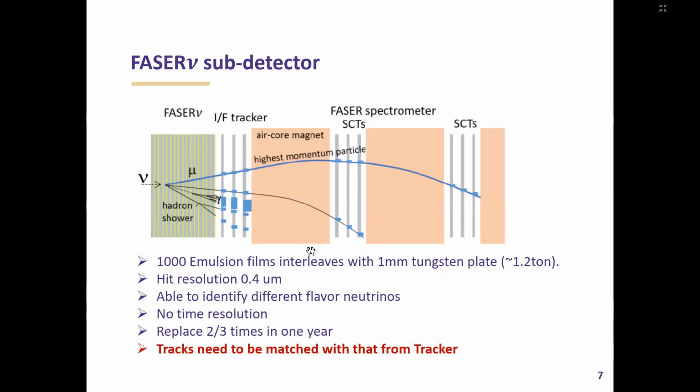So is the interface tracker just effectively a fourth tracking station, or is there a qualitative difference I'm missing? It's not decided yet, but if we have it, it should be the same as the track station. Right, and so we just do track matching using that between FASER and new. Yeah. Okay, thank you.